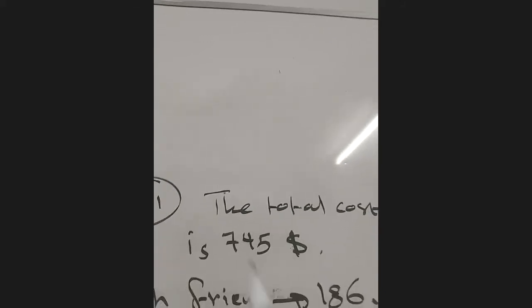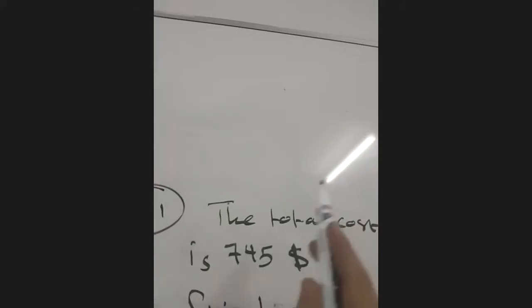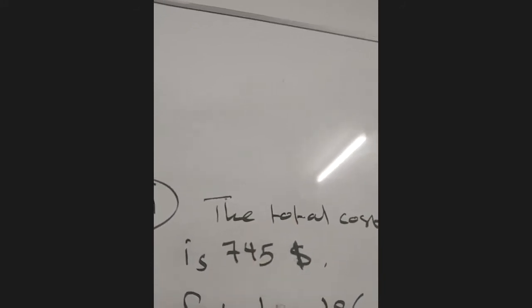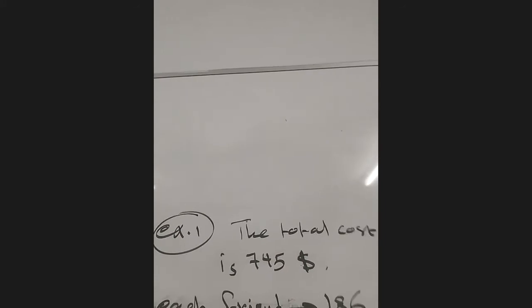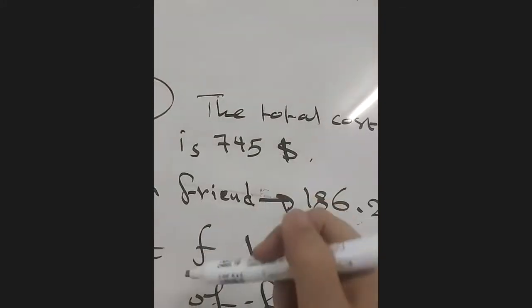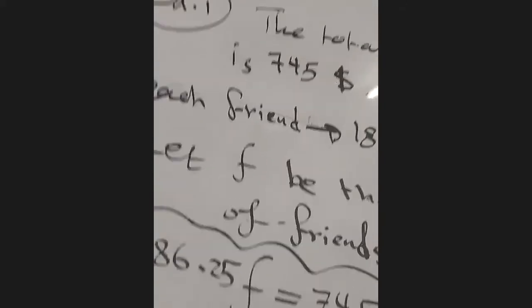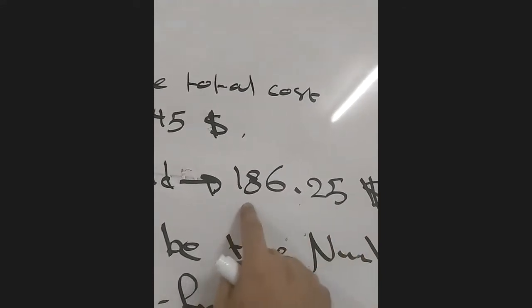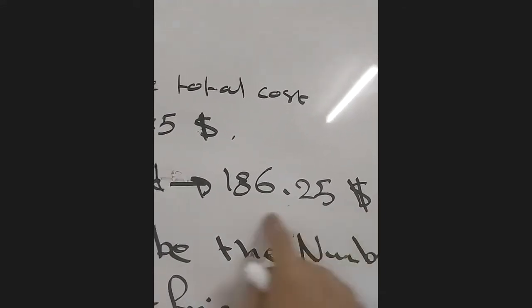Now, the total cost, how much for the whole package of tickets? 745. So the total cost of the whole package is $745, right? Yes. And each friend will contribute, they want to share with each other, how much? $186.25.